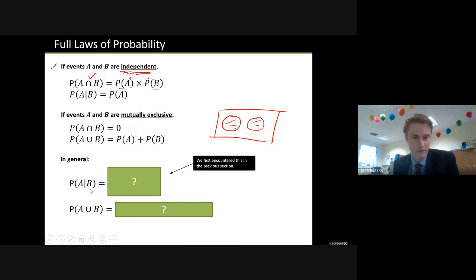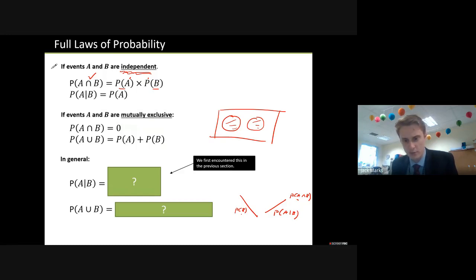Well, we saw this one here from our formula. If you remember, we looked at a tree diagram and we looked at the probability of B, and then we looked at this one here, and this was the probability of A intersection B at the end. The way we did it is we did the probability of B multiplied by the probability of A, because we wanted A here, given B. With the tree diagram, you multiply the branches.